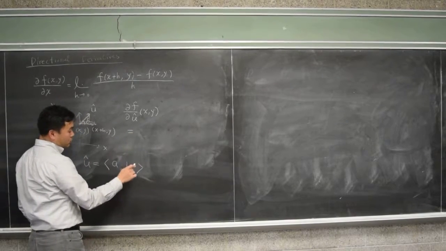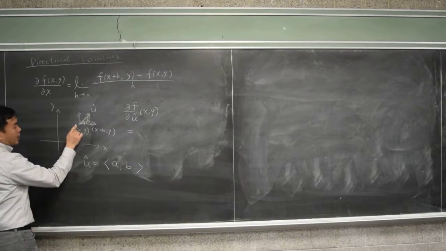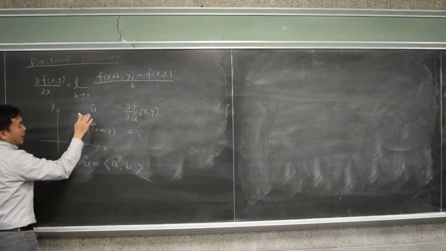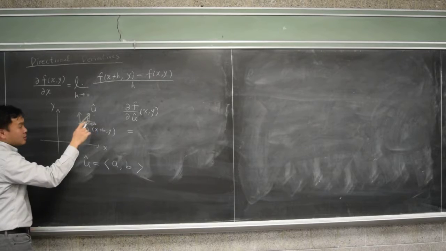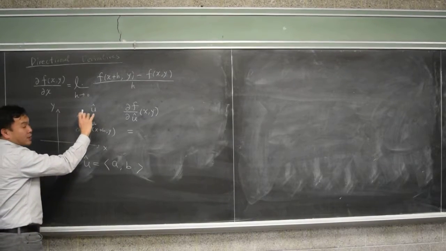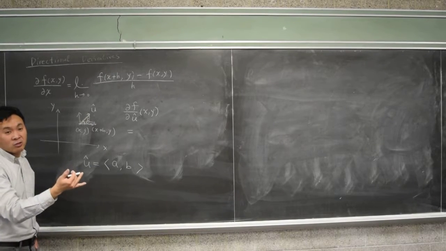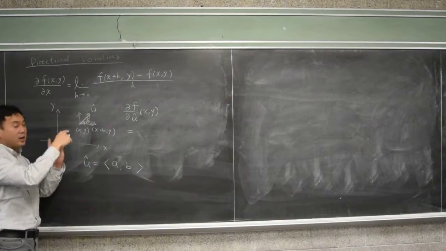you want to move h length in this direction. So if you do h times u, it becomes a length h vector, because u hat is a unit vector. So if you multiply by h, the length shrinks down to h, right?